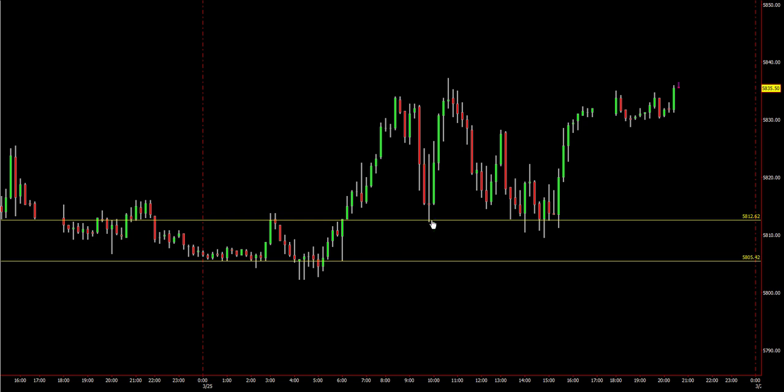None of these attempts to close inside this bullish engulfing bar range were successful. How do we know? Look at the close. All of these were rejected. Not a single bar was able to close inside this territory or below this range.